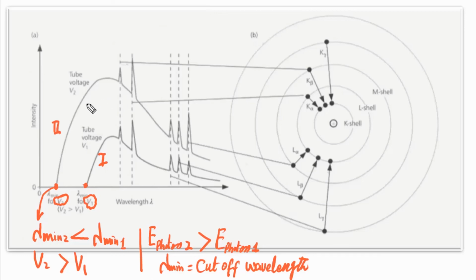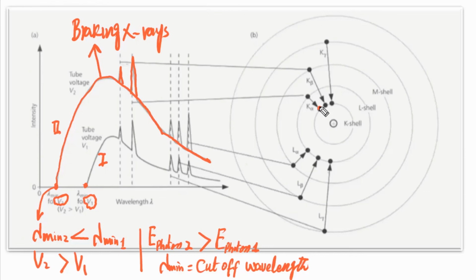This continuous curve, these radiations are called braking radiations, meaning they are produced when electrons are stopped. We call them braking X-rays. So this continuous curve represents braking X-rays, but you can see some spikes here. These spikes are produced if the coming electrons hit electrons in the target.